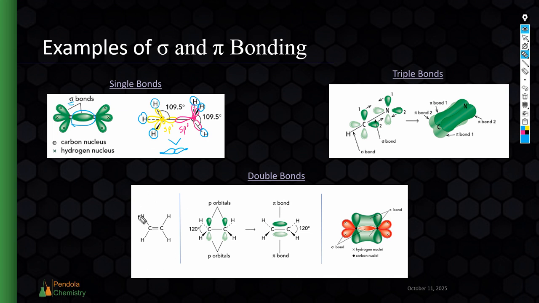But what happens when we have something like this, a double bond? So let's turn our attention now down here. Here we have carbons that have 3 bonds, 1 double, 2 singles, meaning that these carbons are trigonal planar.